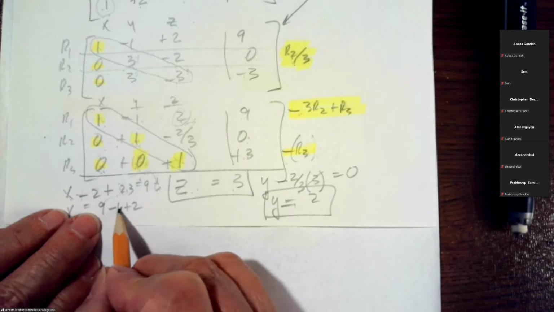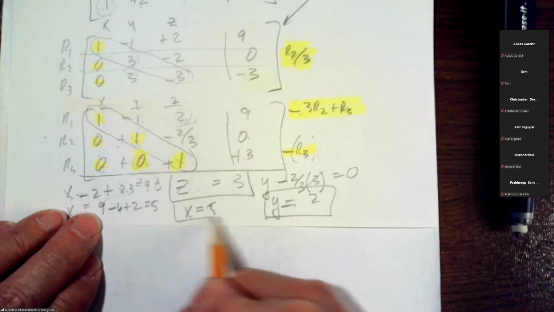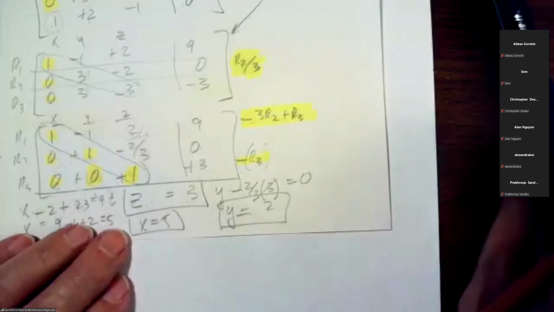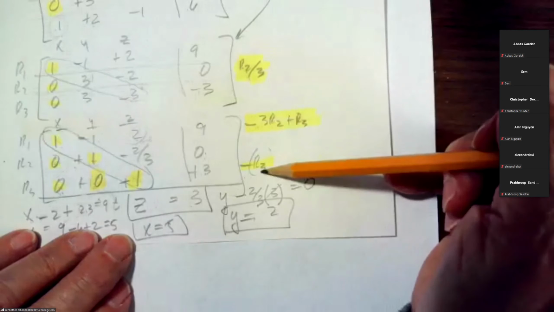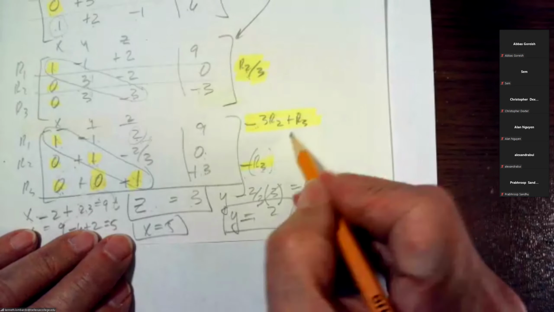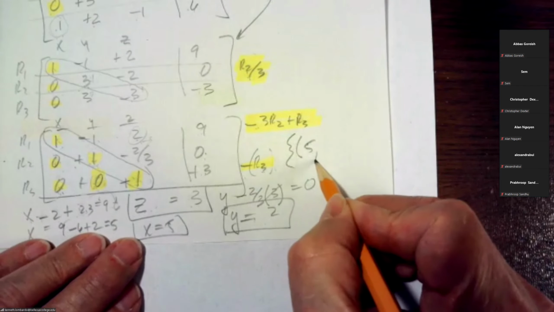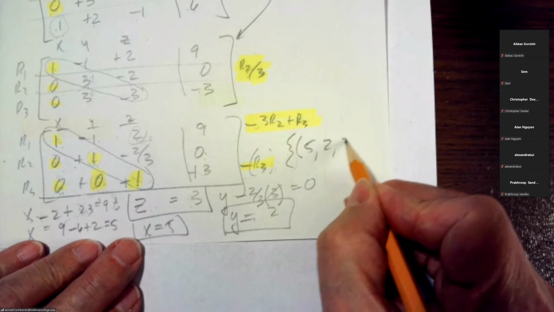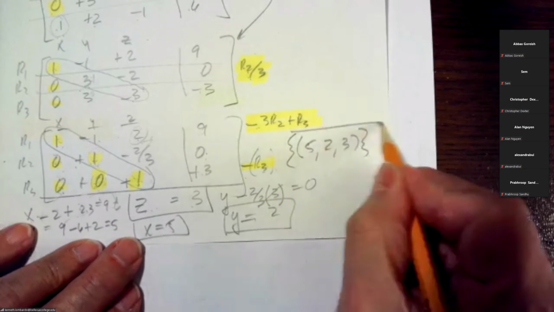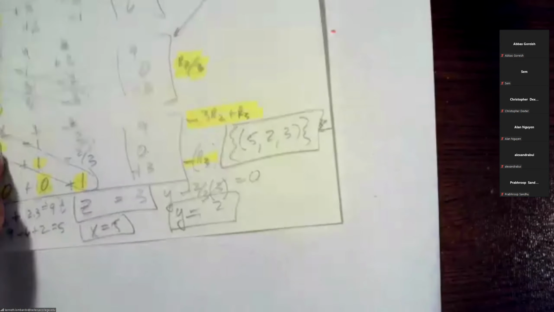That's 11 minus 6, which is 5. So x equals 5. So doing the 6 operations, y is 2. So our solution set I'll put here is x is 5, y is 2, and z is 3. There's our solution set here.